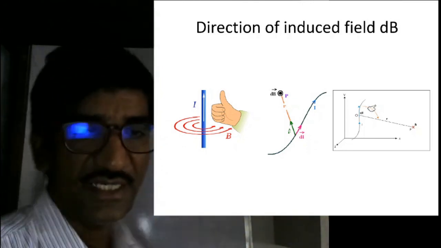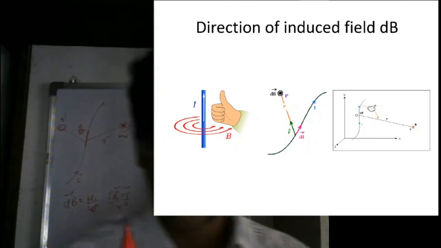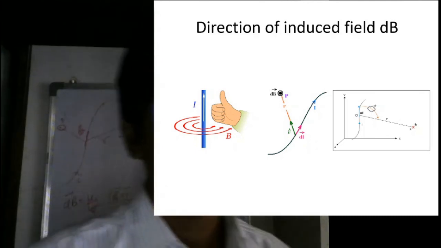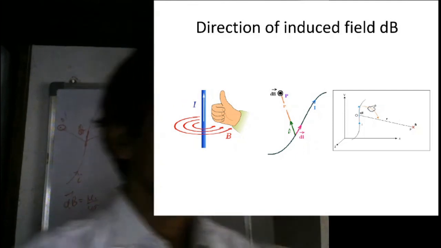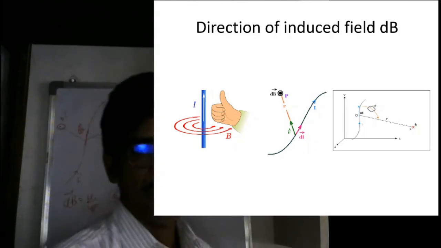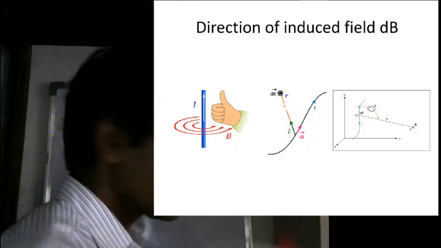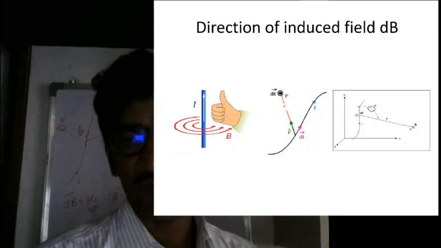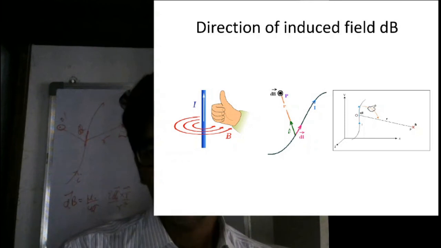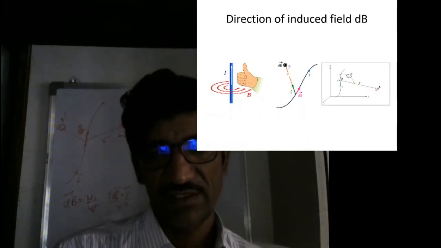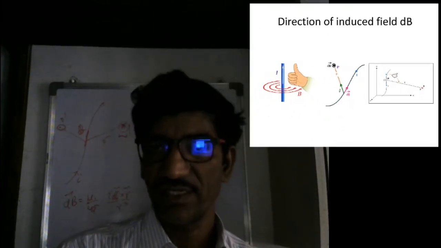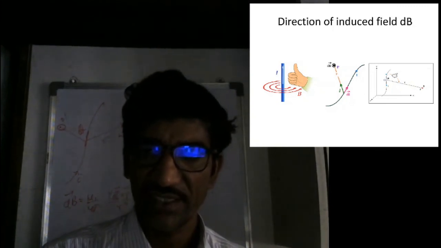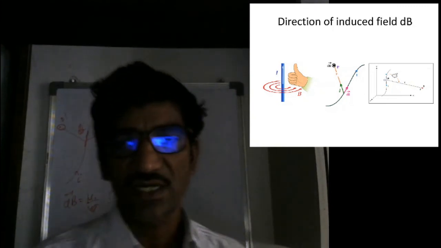One thing you have to note here: B is expressed as a cross product of two vectors. That will help you to determine the direction of the magnetic induction vector. Just discussing the magnitude is not enough here. Because B is a vector, you must discuss the way of finding the direction of the induced magnetic field given by the Biot-Savart law.